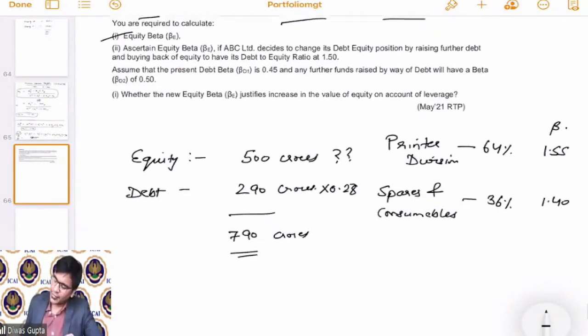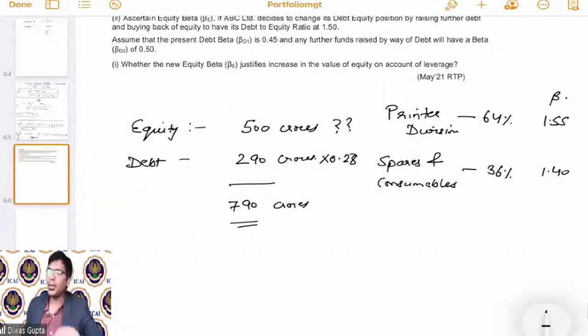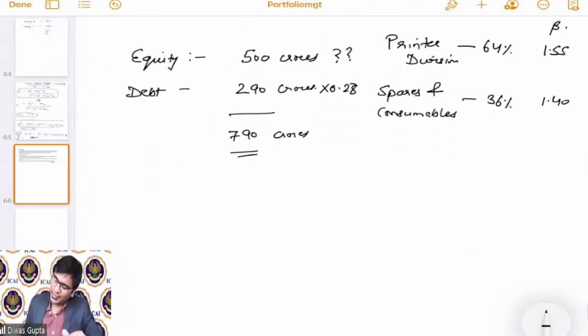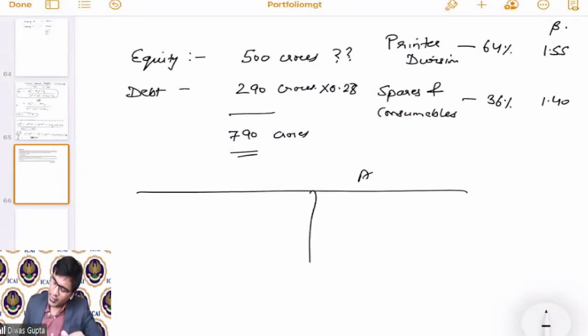Now, students, if we purely go with the concept, we follow the balance sheet approach. All the assets are equal to the liabilities, because these belong to the same company.